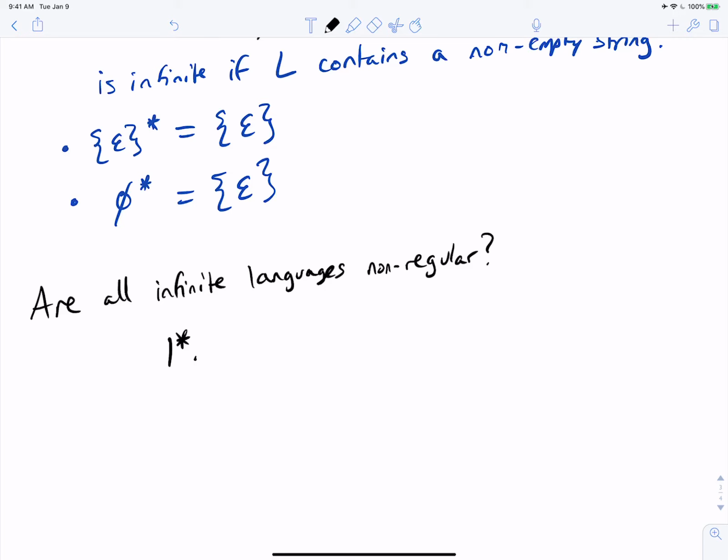So sigma star, we've done several, like the strings that start and end with the same character, because we made a DFA for it. So there are a lot of examples, but any non-regular language has to be infinite, because if it were finite, we've already shown that all finite languages are regular. So the only place that a non-regular language can be is an infinite language.